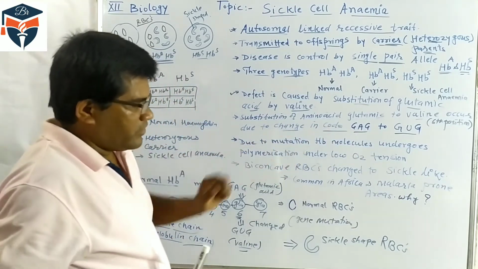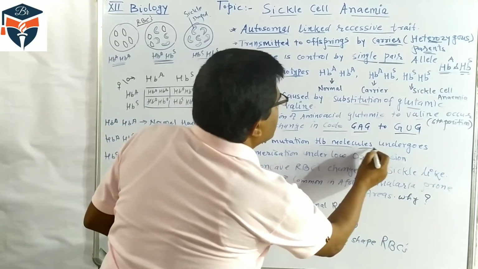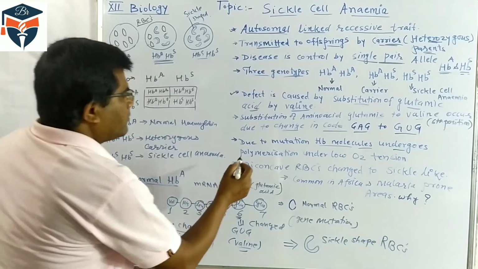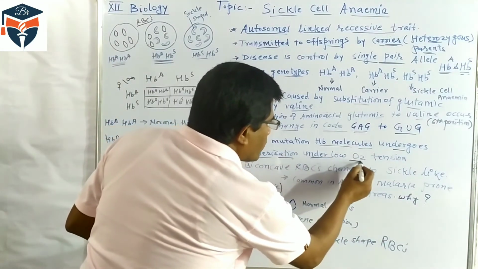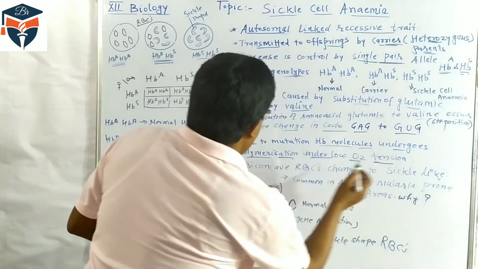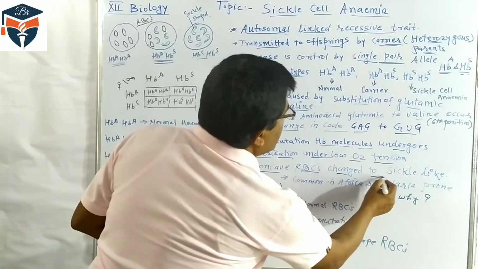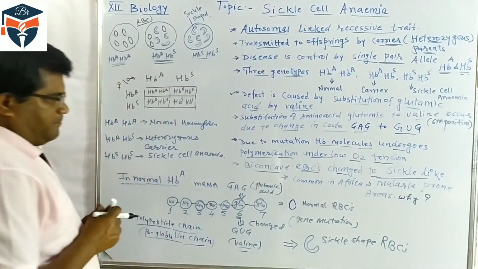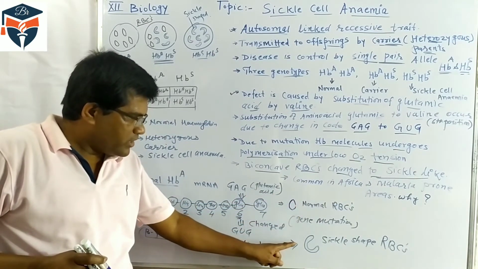Due to the mutation, the hemoglobin molecule undergoes polymerization under low oxygen tension, and that's why the biconcave RBC changes to a sickle-like structure.